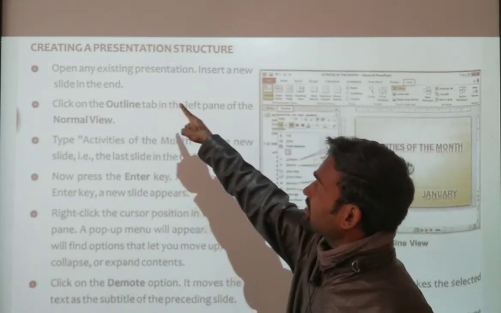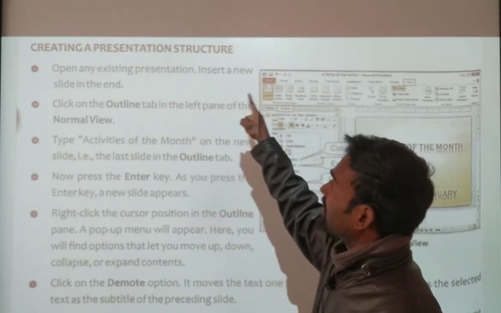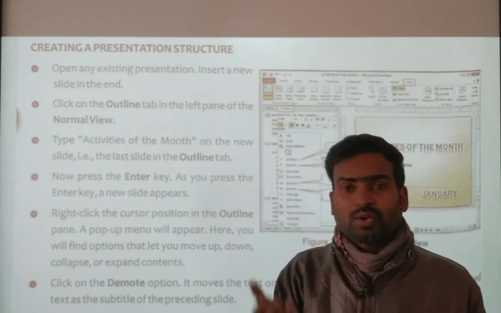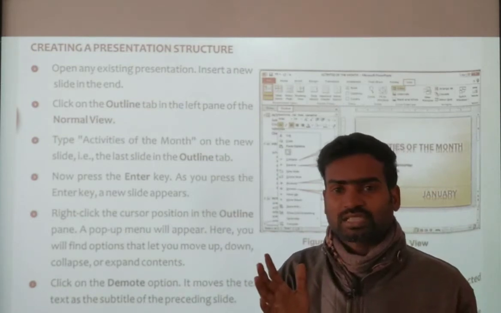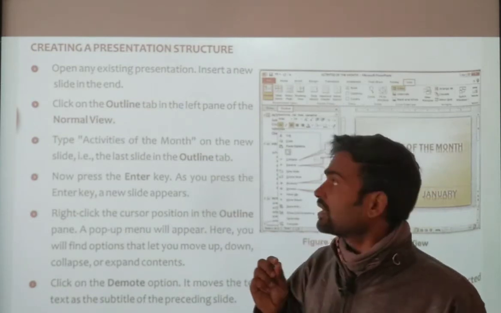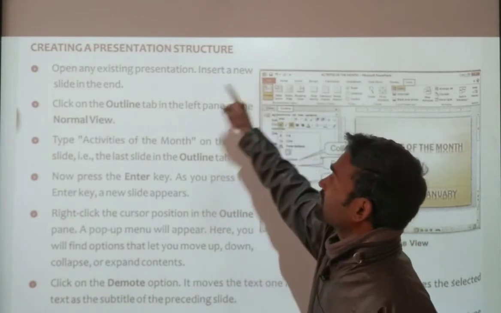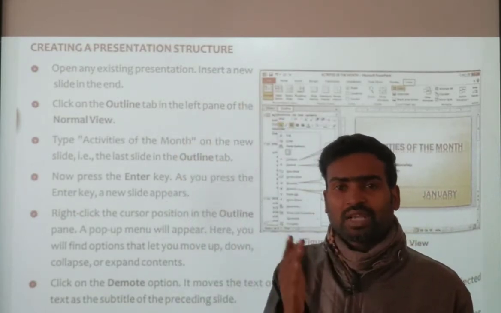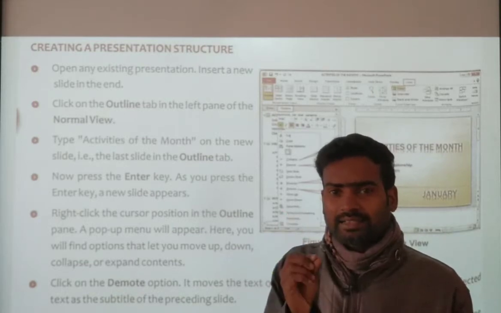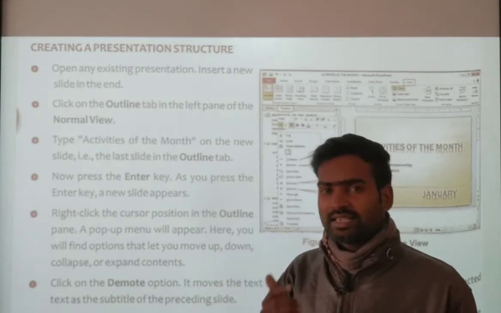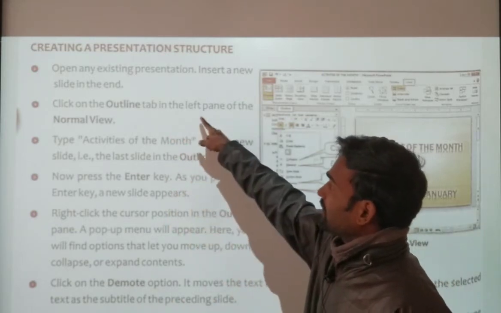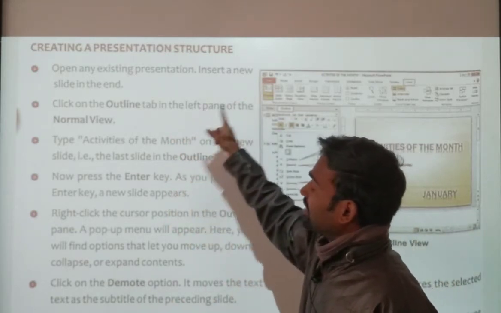Open any existing presentation, and insert a new slide at the end. Existing presentation means one which we prepared already. Then we have to insert a new slide at the end. We know how to insert a new slide. And click on the outline tab on the left pane of the normal view.